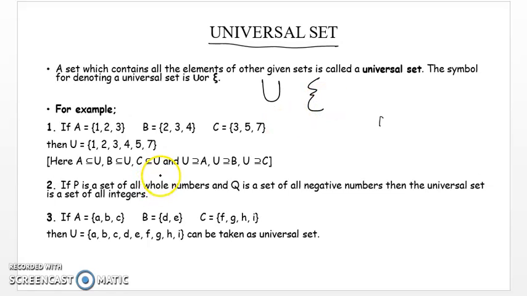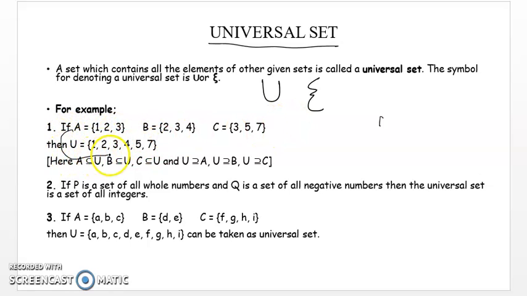In order to understand, let's go through an example. Now, if we define set A to have 3 elements 1, 2, 3, while set B has 2, 3, 4 and C has elements 3, 5, 7. Now the definition of a universal set is that it contains all the elements which the individual sets have. So it should have all the numbers ranging from 1 till 7.